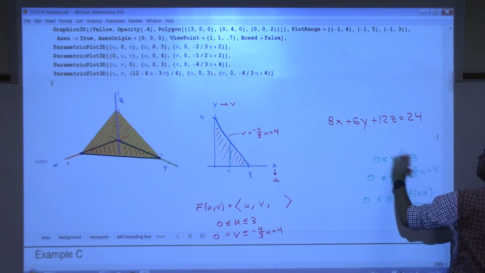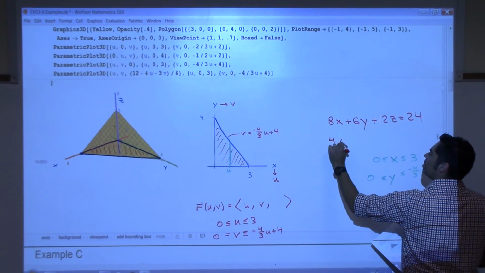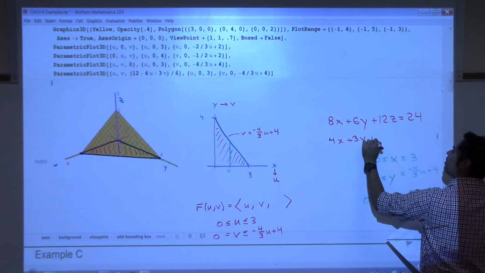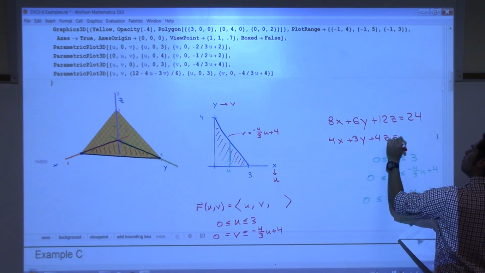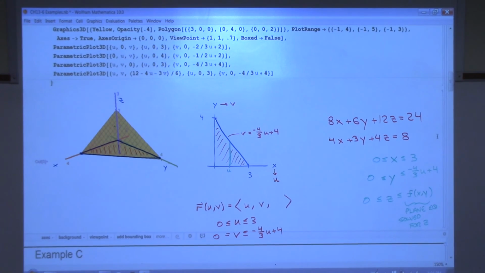I believe that's what I got, and you can reduce that out. And if you solve that for z, should I just reduce everything by a factor of 3 right now, or a factor of 2? Sure. You get 4x plus 3y plus 4z equals, what's that, 8? And then you solve for z.